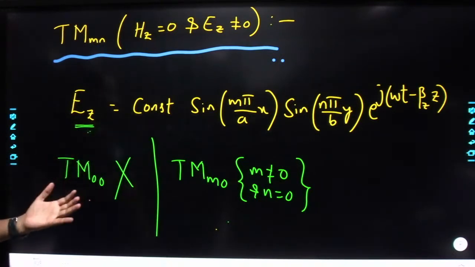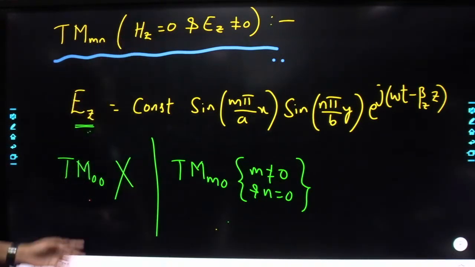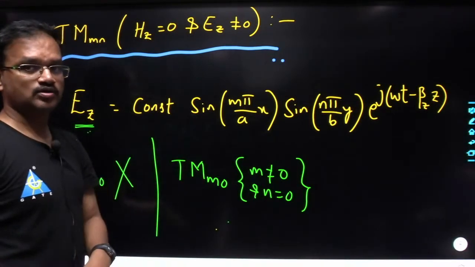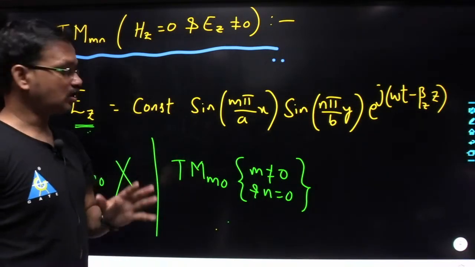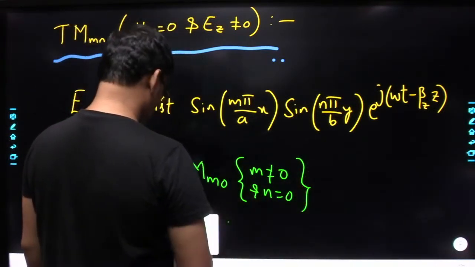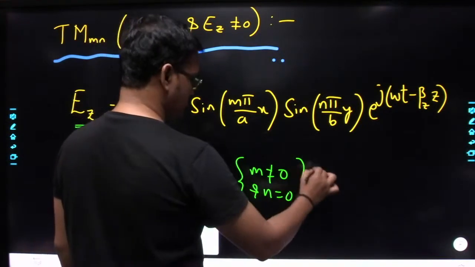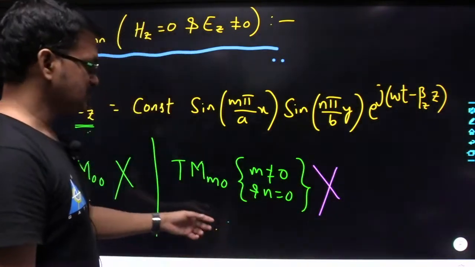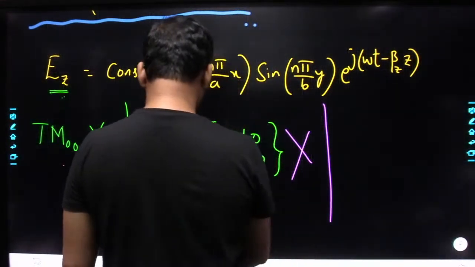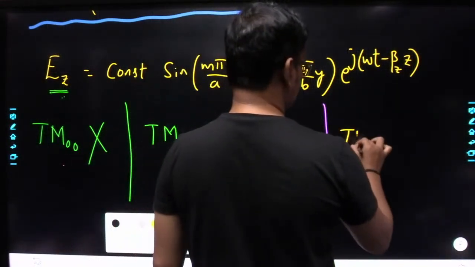If Ez becomes 0, and already Hz equals 0, all the other transverse field components will also become 0. So TM M0 mode is also not at all possible. Next, similarly, consider TM0N mode.